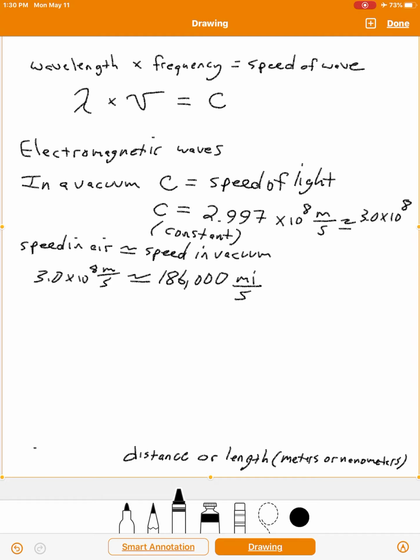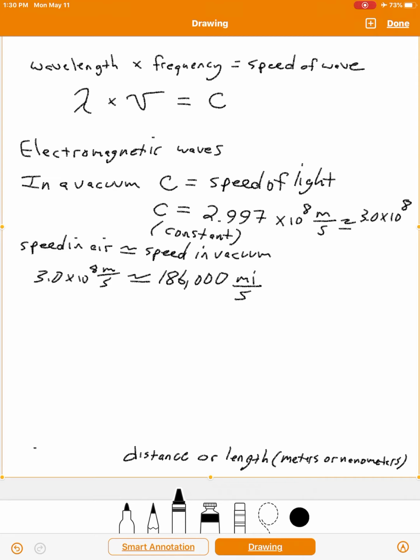So at the equator, if you were to release electromagnetic waves and they were able to circle the Earth at the surface, the circumference of the Earth at the equator is approximately 25,000 miles. So that means that the electromagnetic waves would circle the Earth more than 7 times, essentially 7.5 times every second. That's how fast they move.